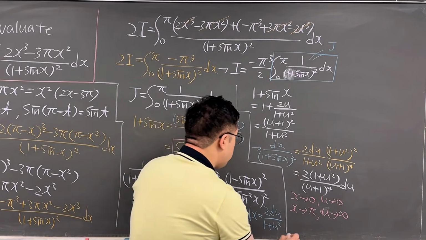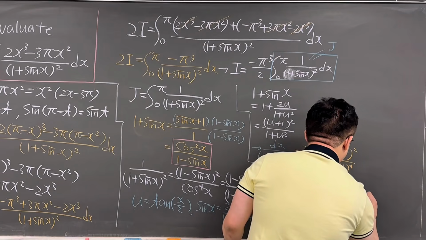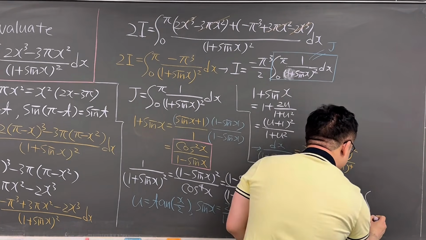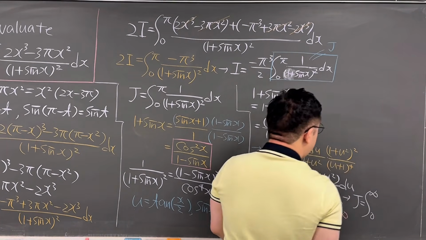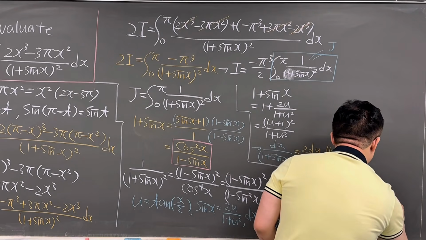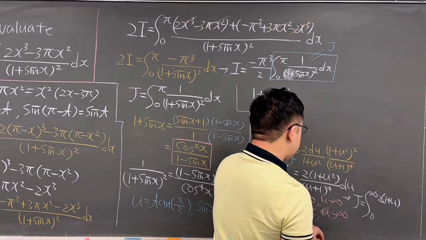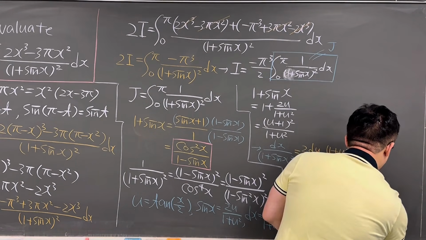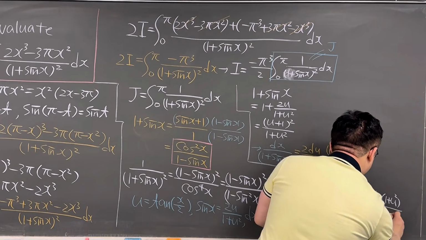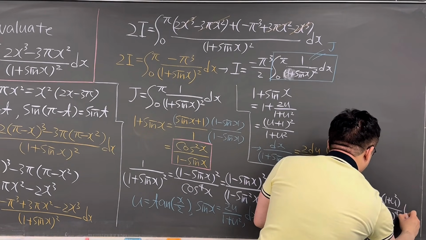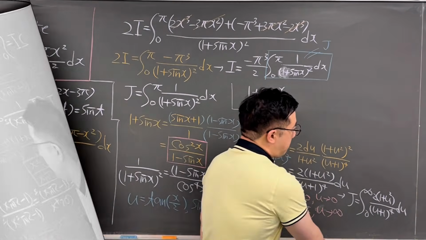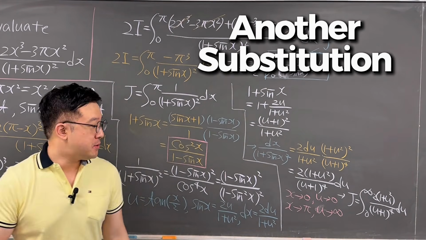So your integral J is the same as the integral from 0 to infinity of 2 times (1 plus u squared) over (u plus 1) to the power of 4, and we have du.